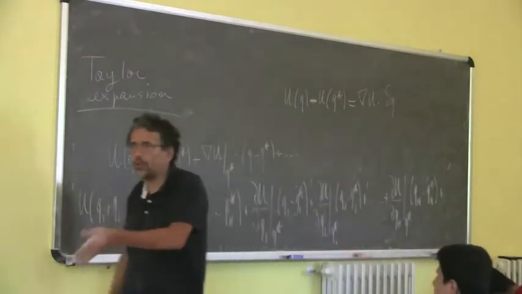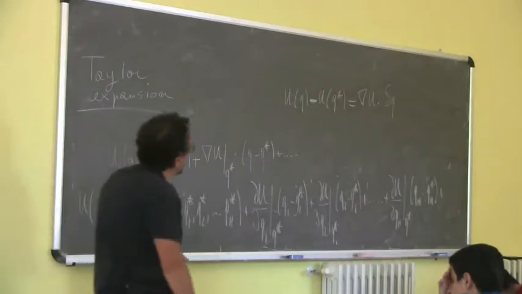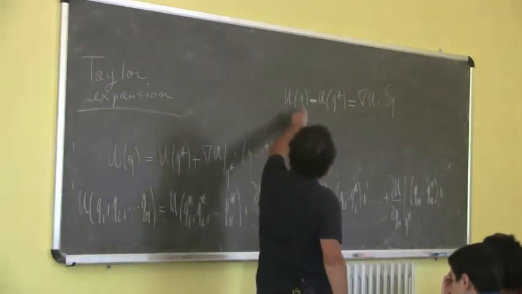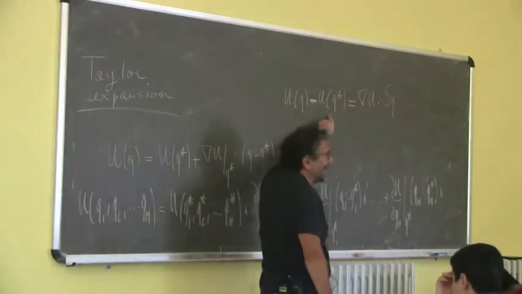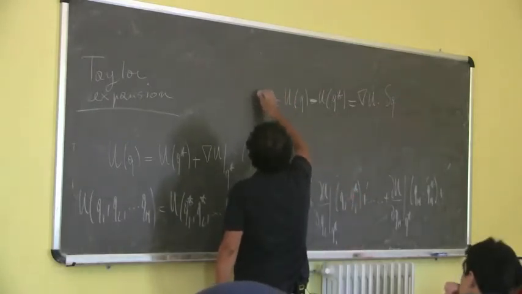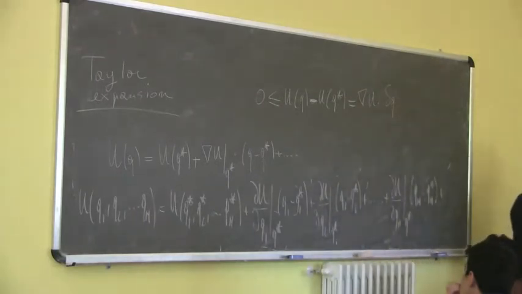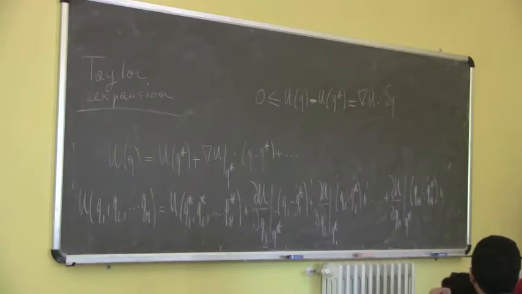If Q minus Q* you call delta Q. Now, this is bigger than that. So this has to be greater or equal to 0. Here a mathematician will be very upset. I am being very brutal.